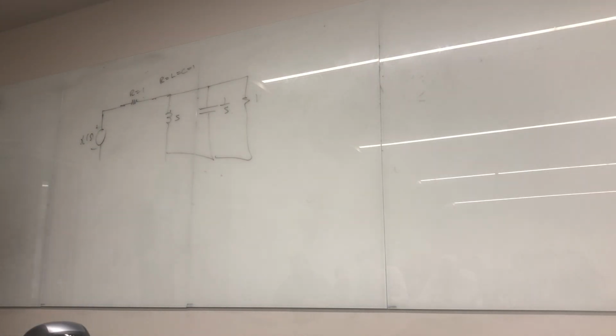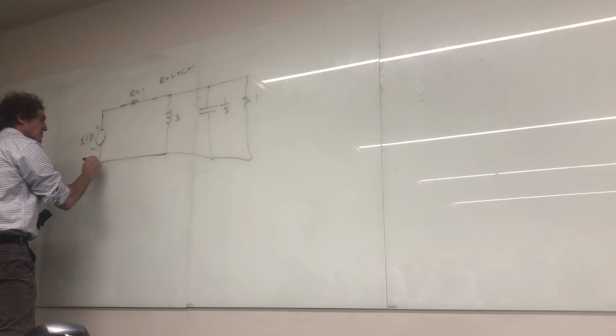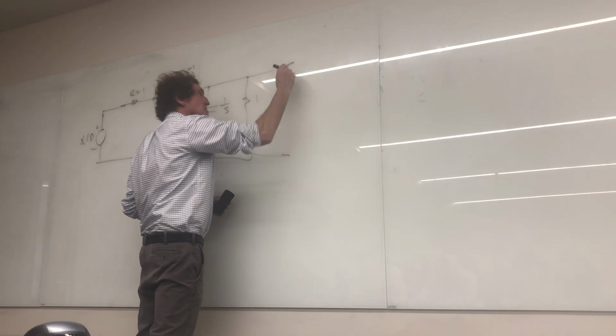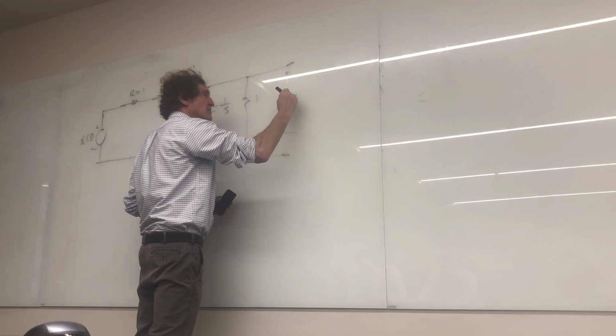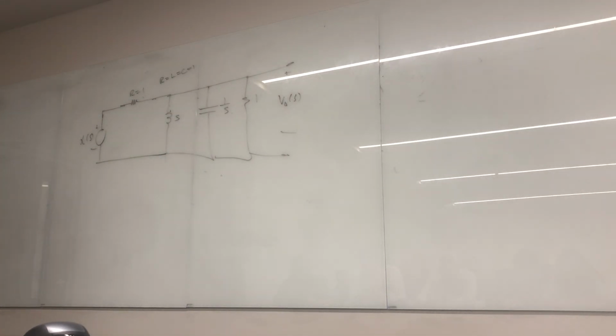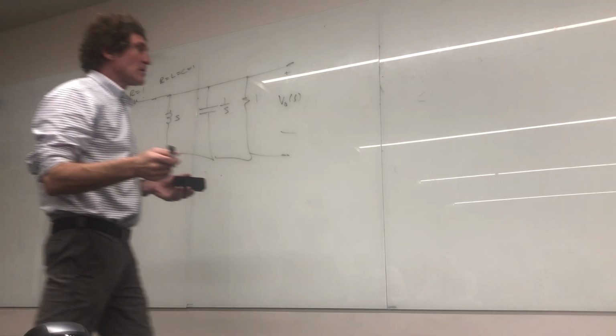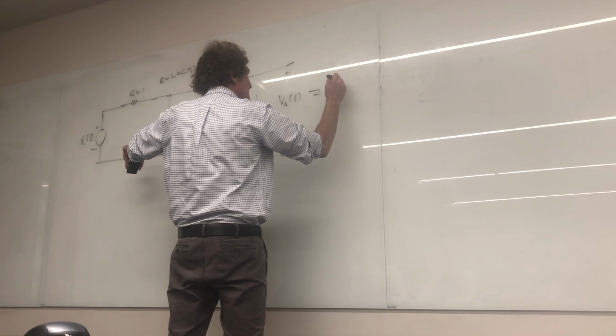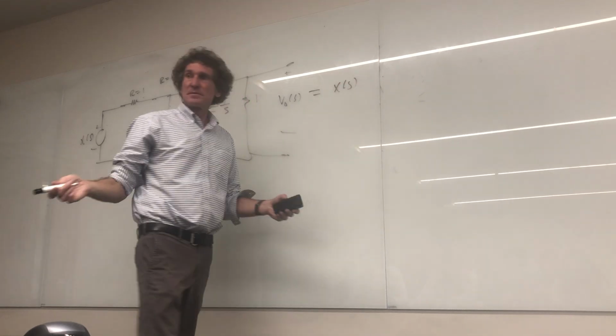Now, when I do this, I want you to just listen before you do anything. I want the output right here, plus to minus, V out of S, correct? Well, what does that boil down to? It boils down to taking the input X of S. What is X of S, by the way?